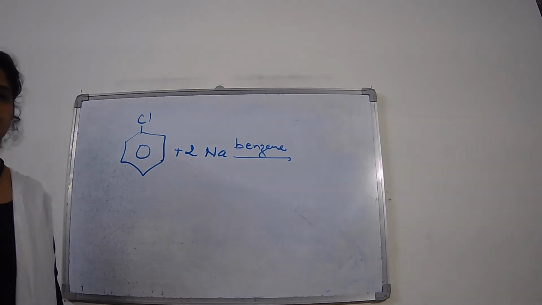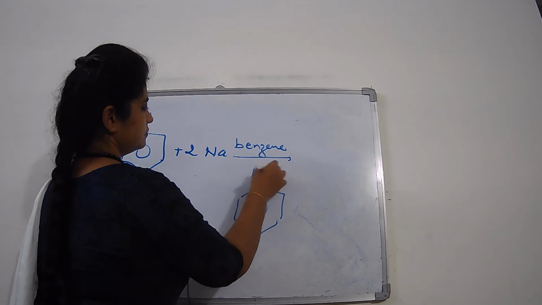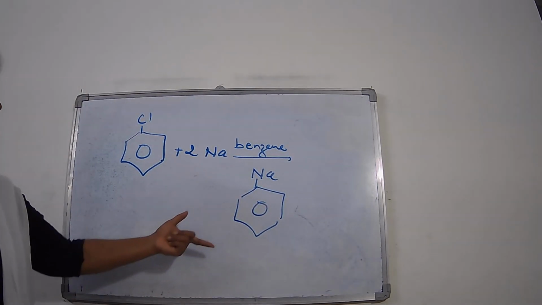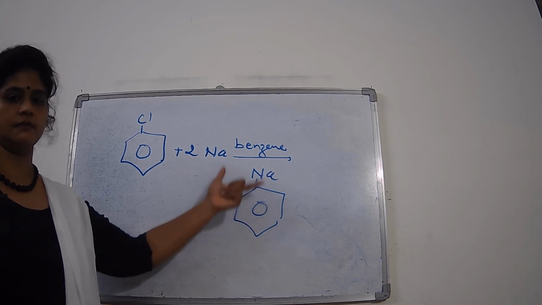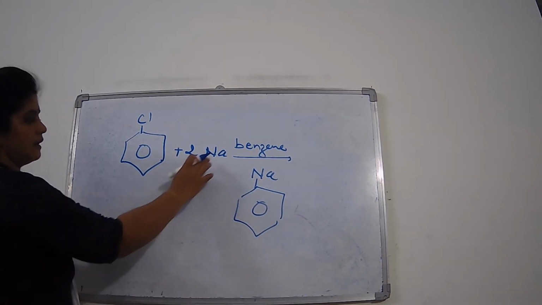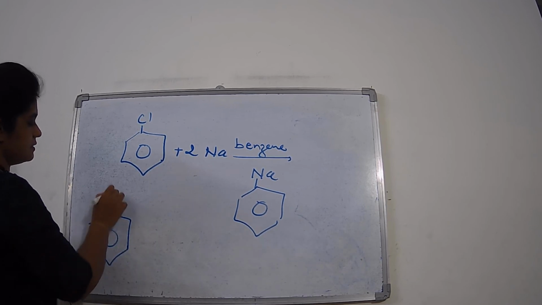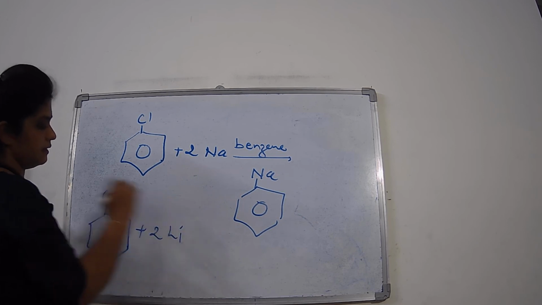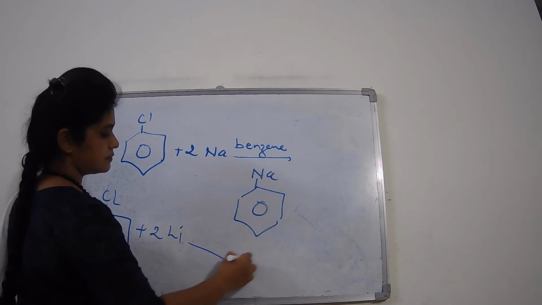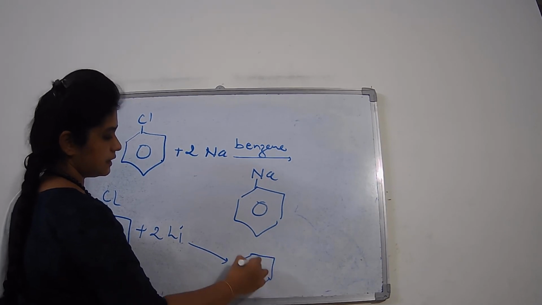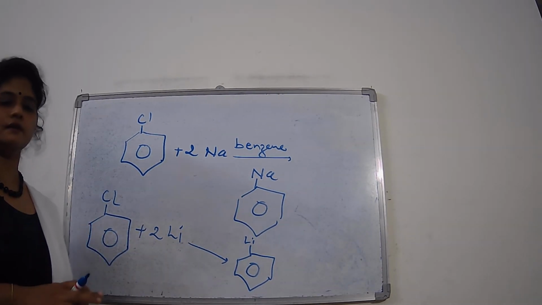Chlorobenzene reacts with sodium, substitution takes place, and we get phenyl sodium as a product. Again NaCl is removed here. In the second case, chlorobenzene reacts with lithium. Substitution takes place by Li, and we get phenyllithium as the final product.